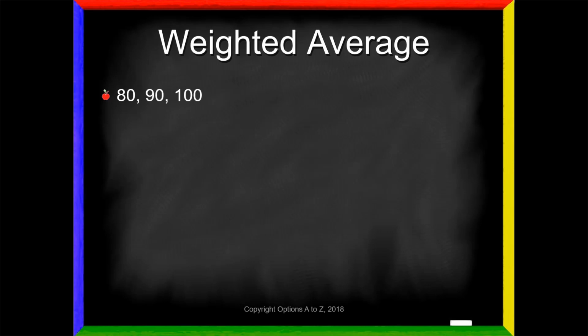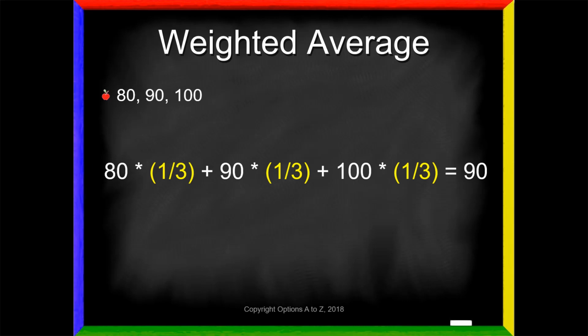But technically speaking, even a simple average is a weighted average. Because what I could do is I could look at this in this way. I could say you have a score of 80 that occurred 1/3 of the time, you scored a 90 1/3 of the time, and you scored a 100 1/3 of the time. So if we look at these here in yellow, these numbers are what we would call the weights.